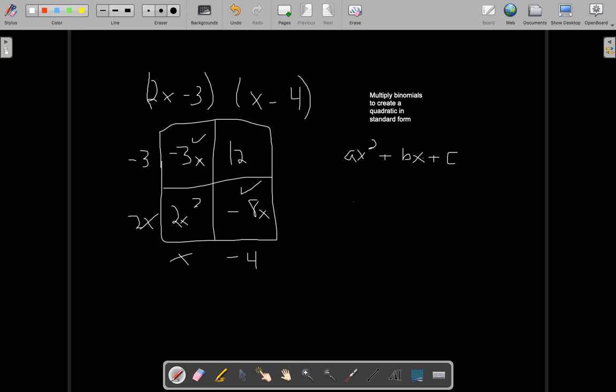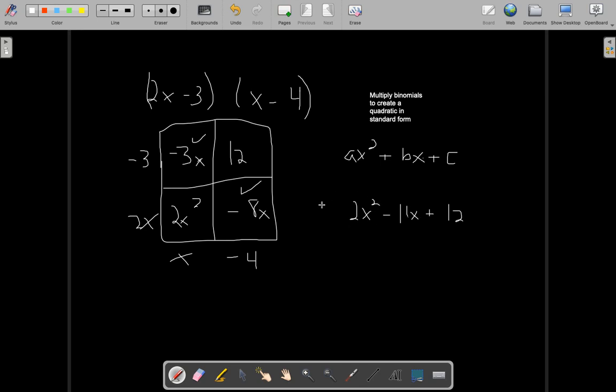So from here, we got 2x squared, and this one is negative 11x, and then the other one is plus 12. And that's how it would work.